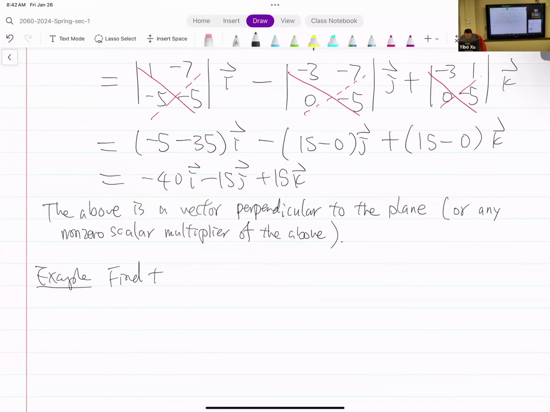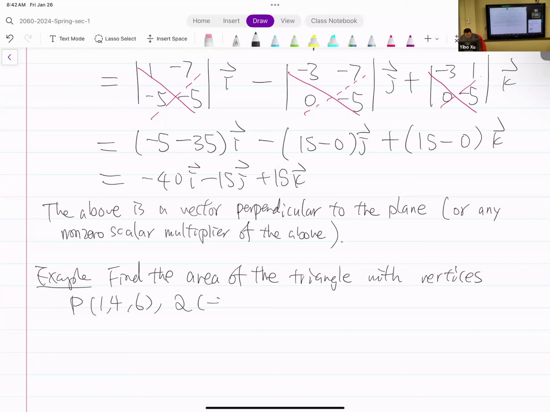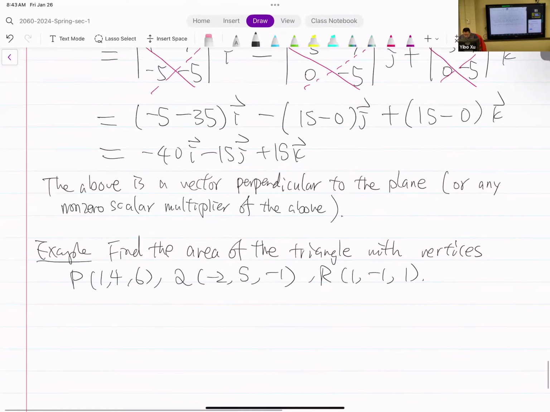Find the area of the triangle with vertices P with coordinates 1, 4, 6, Q with coordinates -2, 5, -1, and R with coordinates 1, -1. So basically, I have 3 points, P, Q, R, in the 3-dimensional space. I want to find the area of the triangle.